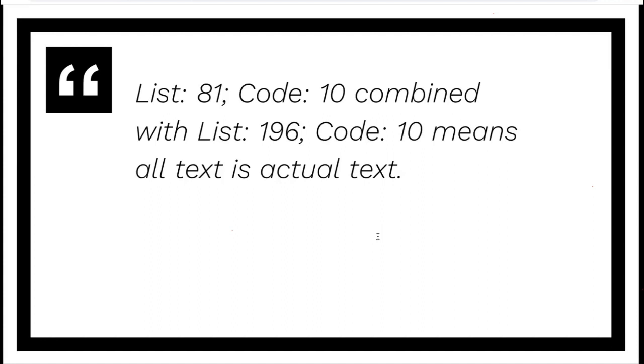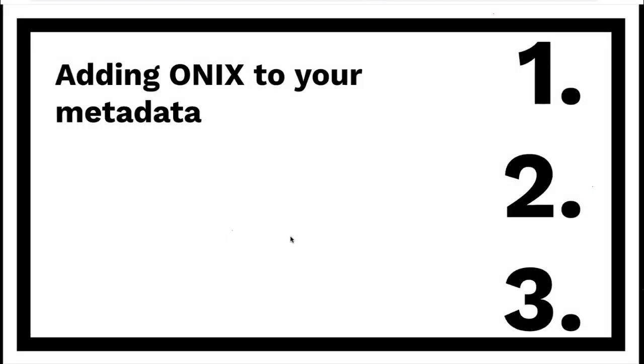All right, so now you know I need to assign code 10 from list 81 and I need to assign code 10 from list 196. What do you do about that? Oh, hang on, I've clicked away. There we go. Maybe all of this code stuff is actually not that useful to you. Your metadata database will have places to add these codes, but if, as I said, that's not that useful to you, there are places to go for help.